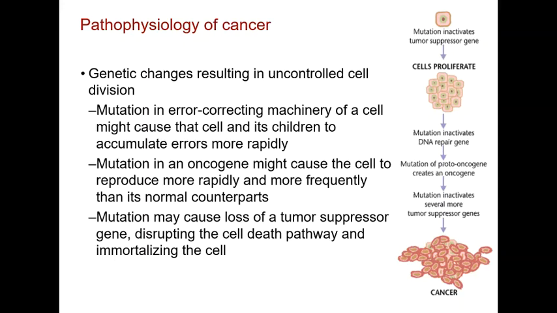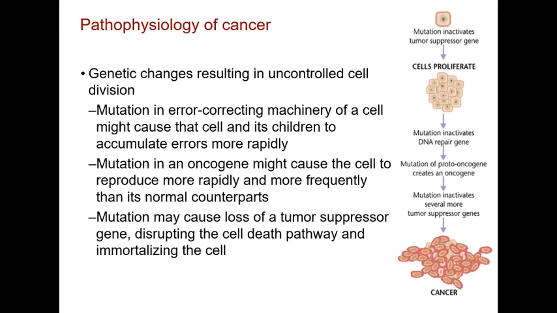So the errors cannot be corrected, as a result of which the cell starts accumulating these errors, and all the children cells that are formed from division of this parent cell also start accumulating errors more rapidly. Why more rapidly? Because now the error correcting enzymes are not working. So as a result of this accumulation of errors in DNA, mutations start occurring.